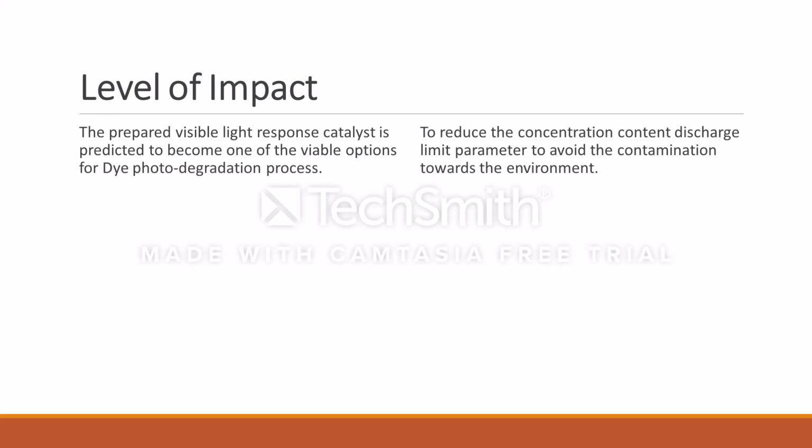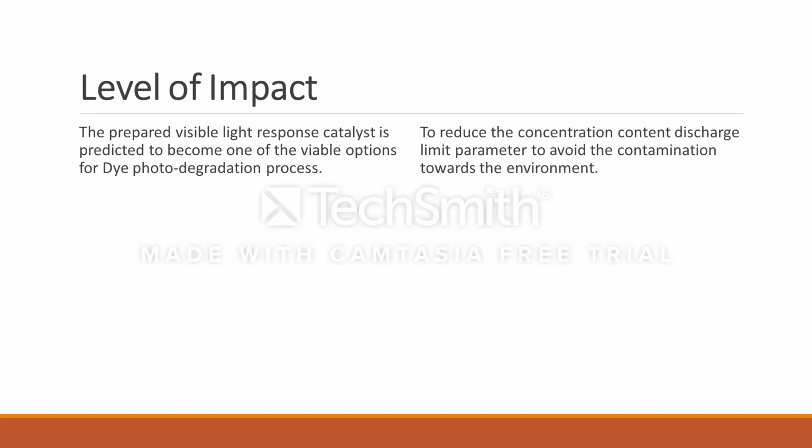After we refer to the result and answer the problem, the level of impact is that we are able to prepare a visible light responsive catalyst, which is one of the options for the dye photodegradation process.